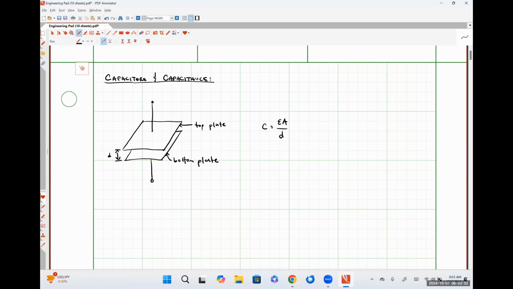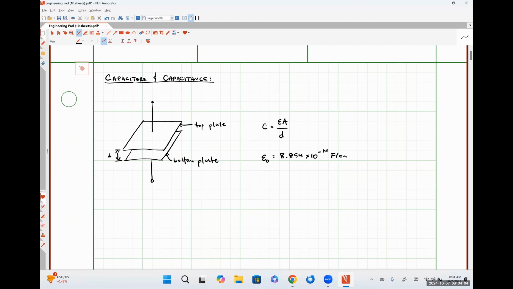So let's talk a moment about this permittivity epsilon. The permittivity of free space, epsilon naught, and you guys are not going to ever have to use this in this class, is 8.854 times 10 to the negative 14 farads per centimeter, where the farad is the unit of capacitance, and we'll sort that out in a moment.